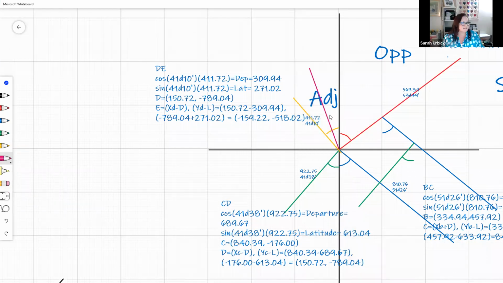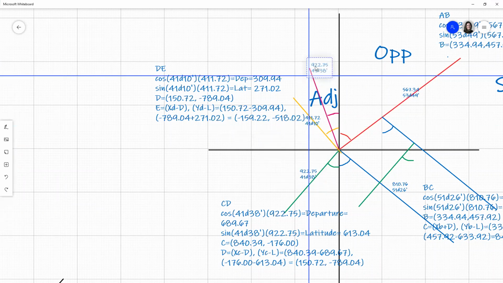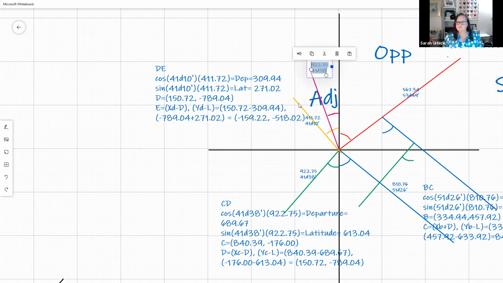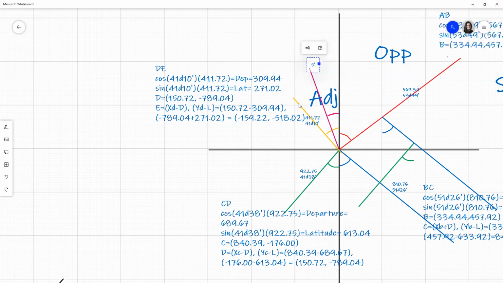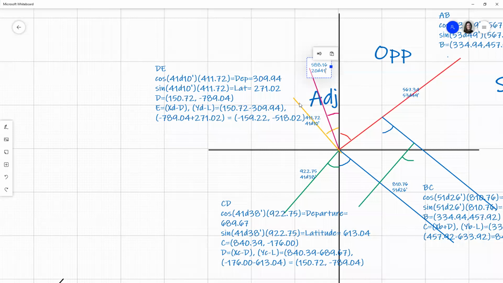All right, and that's this angle here. So we just keep going around and just document what we're doing, right? So we got 588.16, 20 degrees, 41 minutes, off to the northwest.